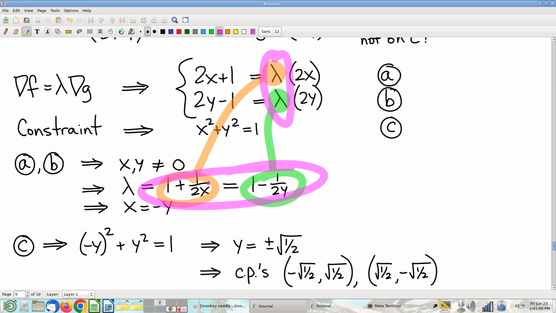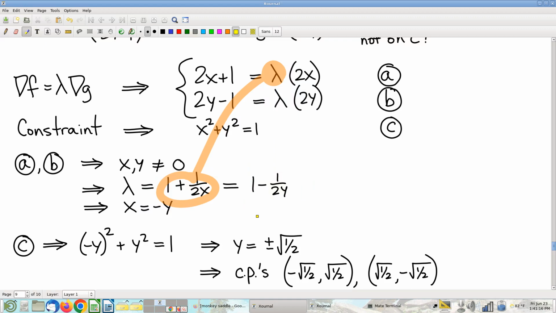But a little subtlety, and it is annoying to have to worry about this sort of thing, but it really matters. In order to solve for that first lambda, I would have to divide by x. How do I know x isn't 0? I need to worry about the possibility that x might be 0. You can't go around dividing by things unless you're quite sure that they are not 0.